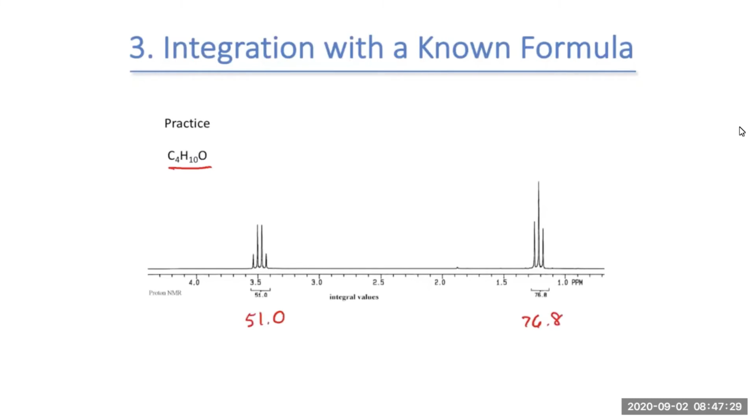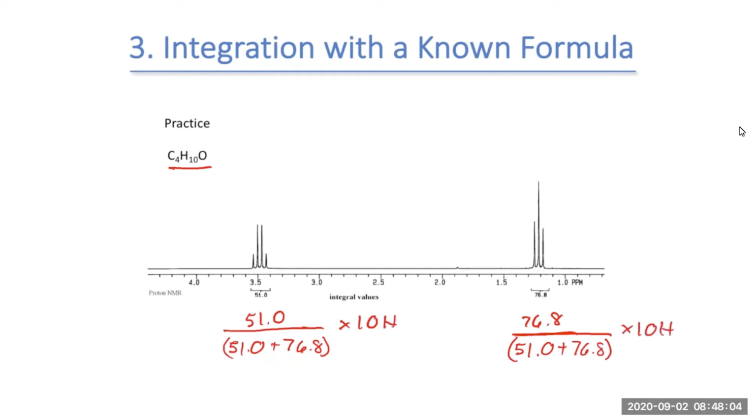So now what we'll do is we'll take that 51.0 and divide it by the total, 51.0 plus 76.8, the total area in my hydrogen NMR spectra. We'll do the same thing with the 76.8. Once you know what that number is, you then multiply it by 10 hydrogens.